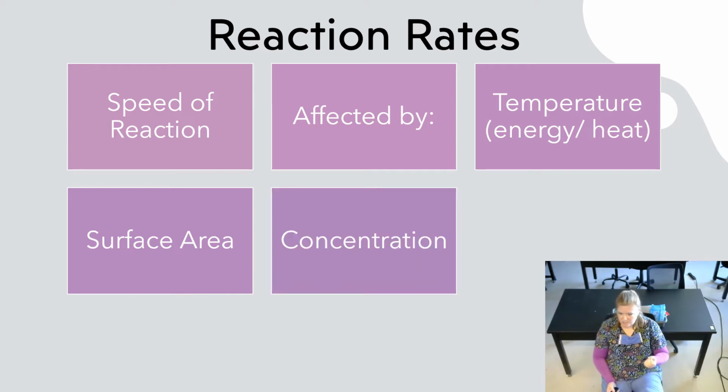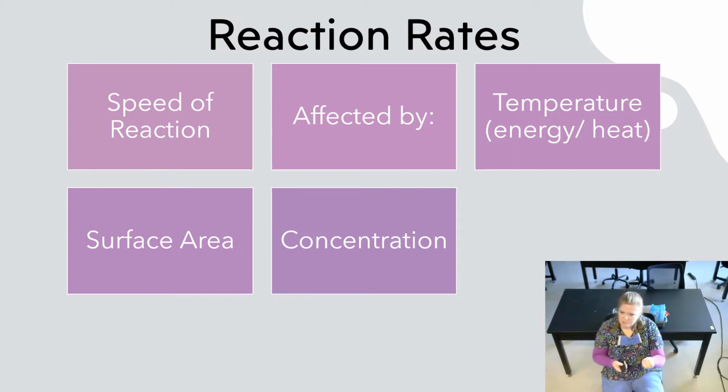Then concentration. Concentration means how much of the stuff we have in there. For example, if you wanted to make Kool-Aid more concentrated, you'd add more sugar. So if you want to make the concentration higher, you're going to add more of the stuff, okay? So it's adding more of the reactant. Concentration is the amount of stuff that's in there.